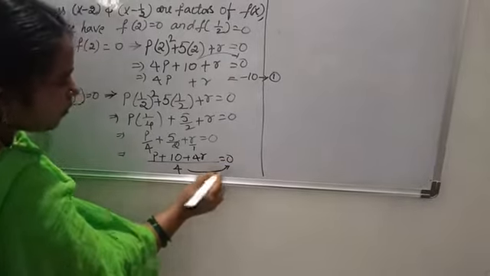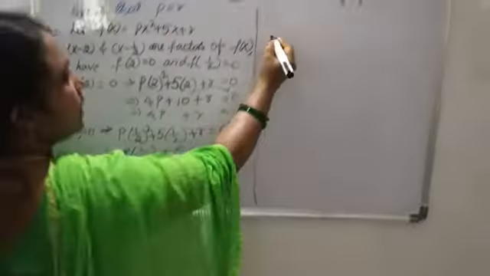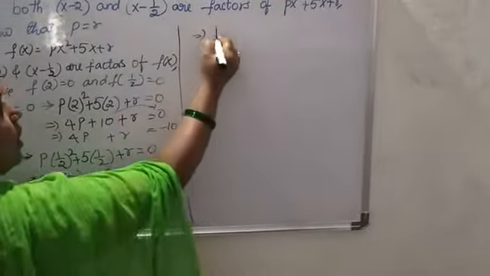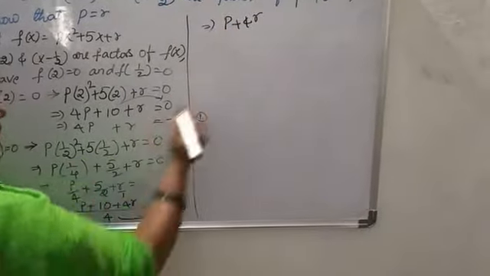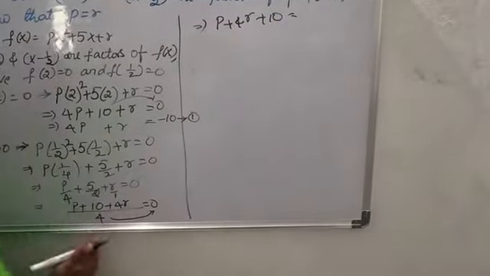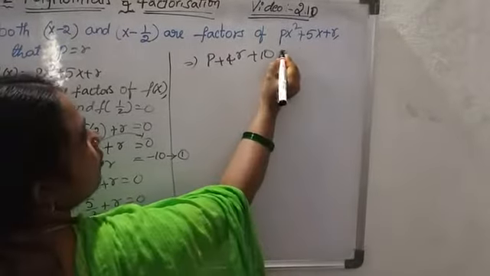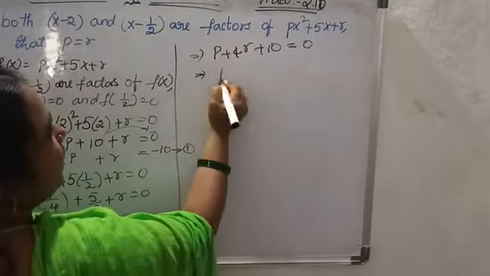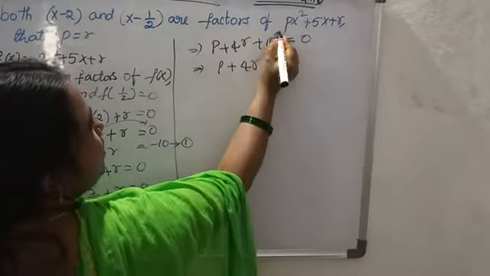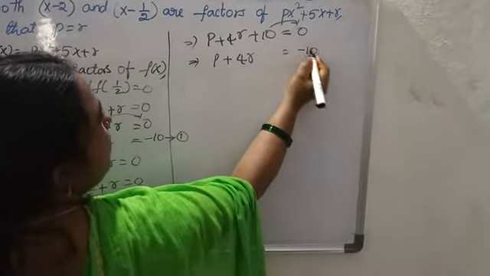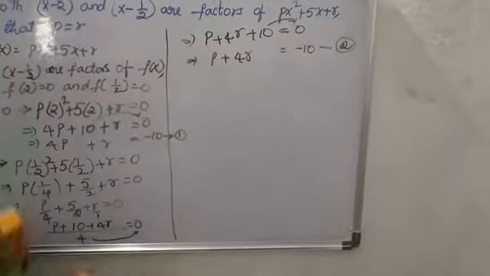Now shift this 4 from here to the other side. Then we are getting p plus 4r plus 10 is equal to 0 into 4, since 4 is divided on one side, it becomes multiplication on the other side. 0 4s are 0. Again we transpose 10 to the other side, it becomes minus 10. Consider it as equation number 2.